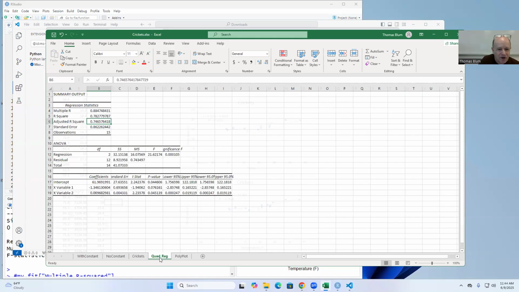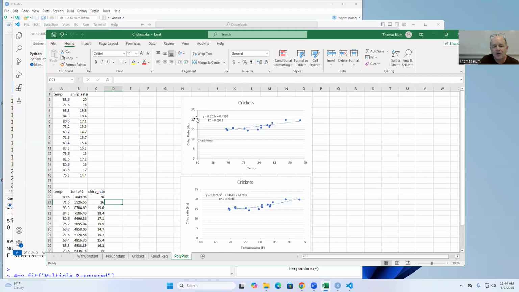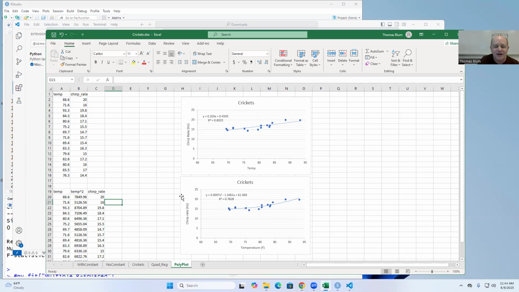Then I had this here just to tell you that what I was originally thinking was not nonsensical. I did a plot with the normal linear constant, slope and constant, and a fit to a polynomial of order 2, a quadratic.